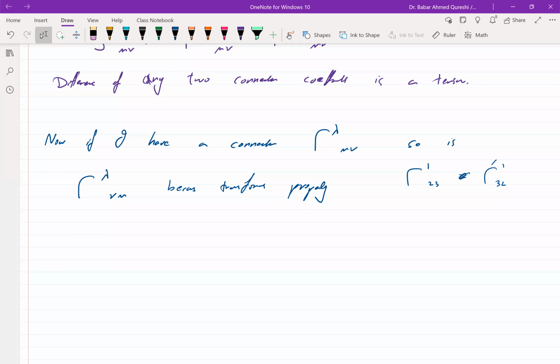So if they are both connections, then I can define a new tensor. Let's call it T lambda mu nu, and define it by: take your connection, flip the indices, and take a difference. Since they're both connections, this is a tensor.